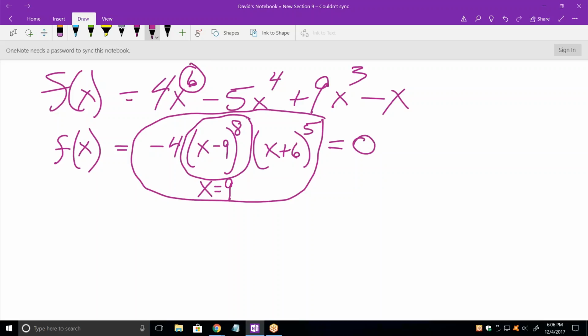So x equals 9 is one of the zeros. What's the other one? X equals -6. So at these 2 points, 9 and -6, we're going to have our graph either touching or crossing the x-axis.